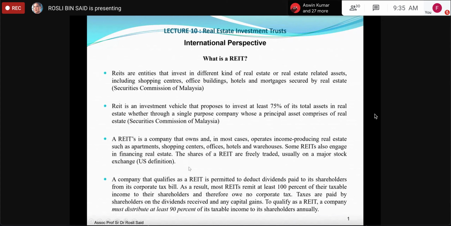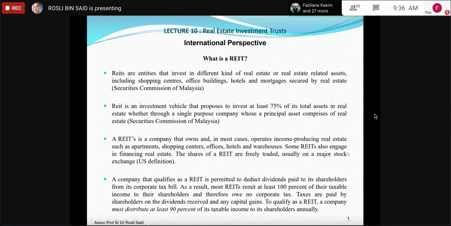But under the US definition, a REIT is a company that owns and in most cases operates income-producing real estate such as apartments, because apartments in the US are normally rentable, as compared to Malaysia, which is not that active in the rental market for apartments. Shopping centers, the same; offices, hotels, and warehouses of factories or industry.